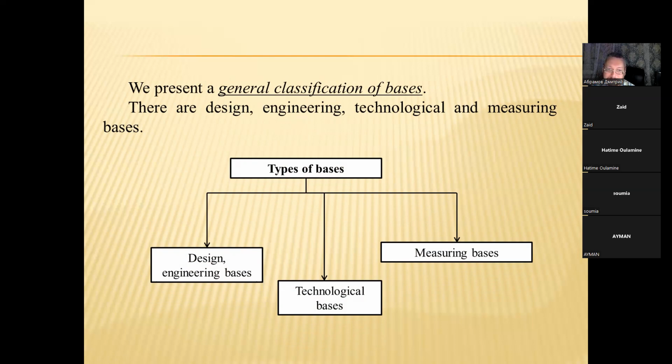The first type of basis is the design or engineering basis. The second type is the technological basis. And the third is the measuring basis.